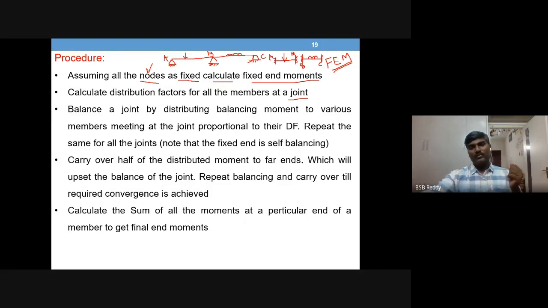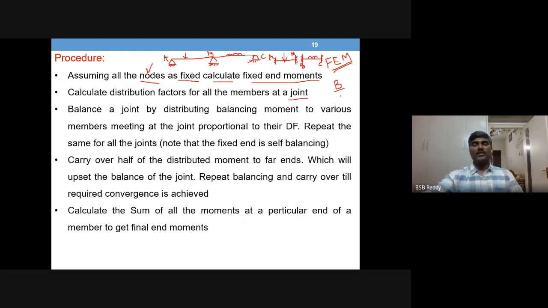No. Reason, there is only one member there. It is not a joint. Do you say C is a joint? No. Do you say B is a joint? Yes. There are two members meeting at B.